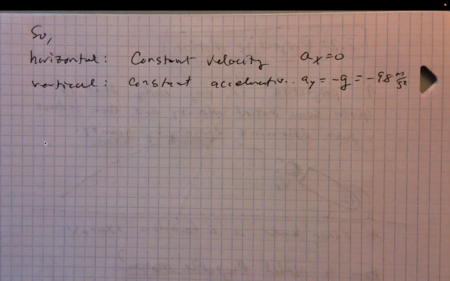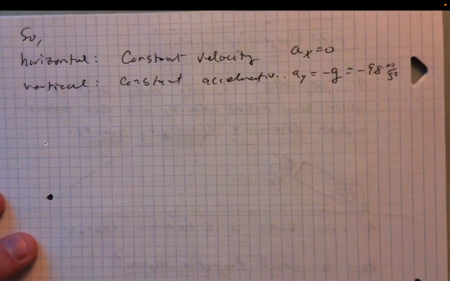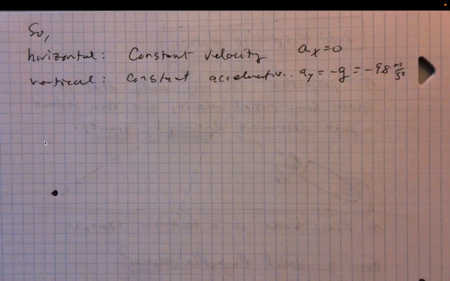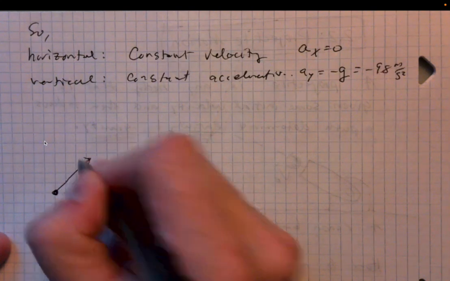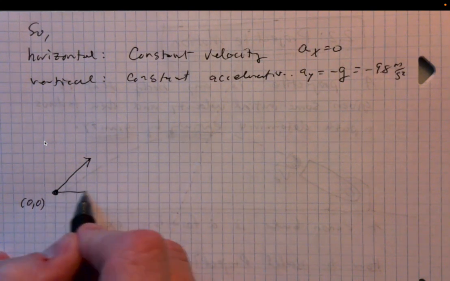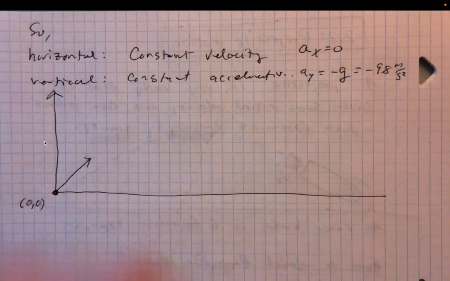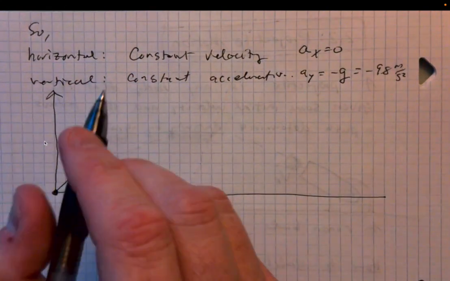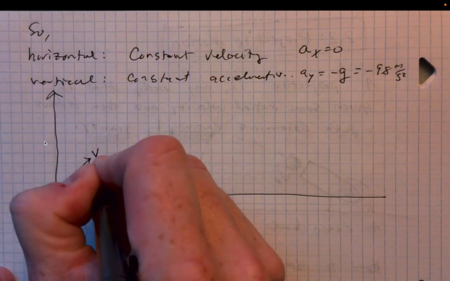Now let's kind of try to draw this and picture how this works. Right, so we'll say that we have some projectile that's given an initial velocity, and we'll coordinatize this in the xy plane with the origin being 0, 0. So we've got an initial velocity, which we'll call v naught.